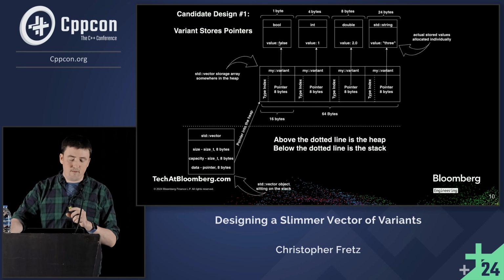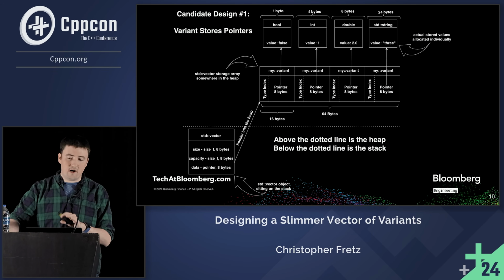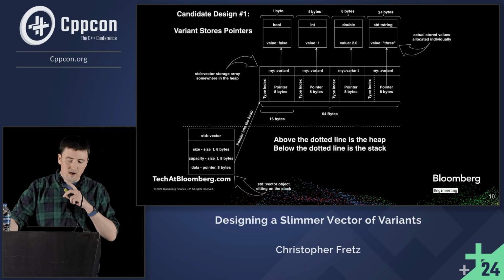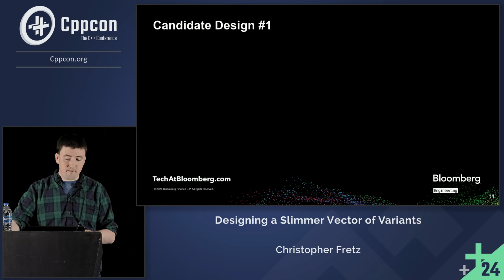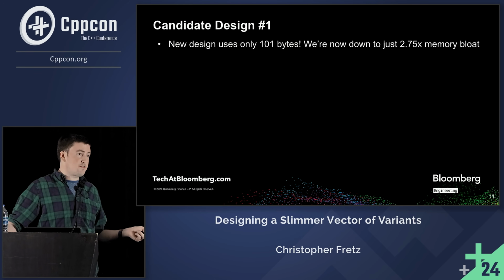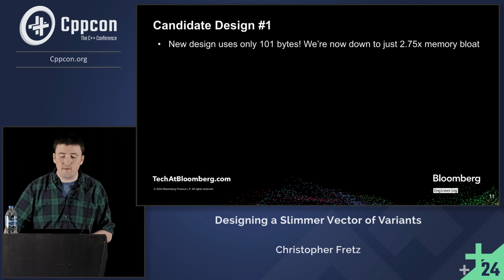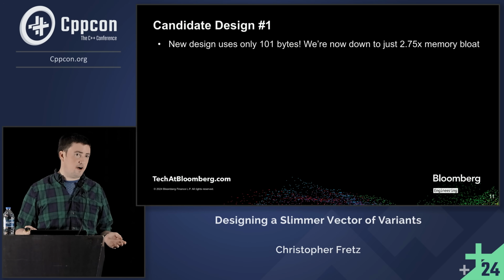And so for the actual type storage itself, we only use what we need because we're directly allocating the types individually. This does a lot better with memory usage. This only uses 101 bytes. So compared to our theoretical minimum, we're down to just 2.75x. This is a whole lot better in terms of memory usage.